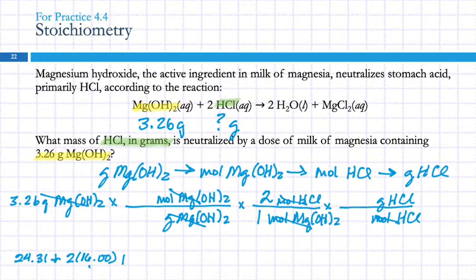And how many hydrogens? 2. Calculator went to sleep. 58.326.